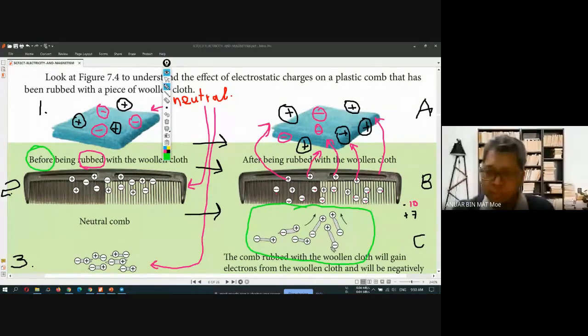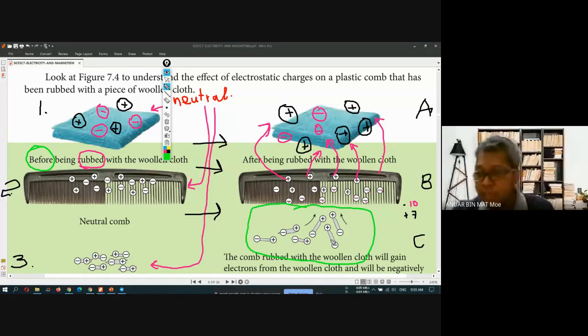the pieces of paper will attract to the comb because if you remember the rules, different charges will attract, and same charges will repel. Okay, because the plastic comb tries to equalize the charges, the charges on the neutral paper will try to equalize the charges on the plastic comb.